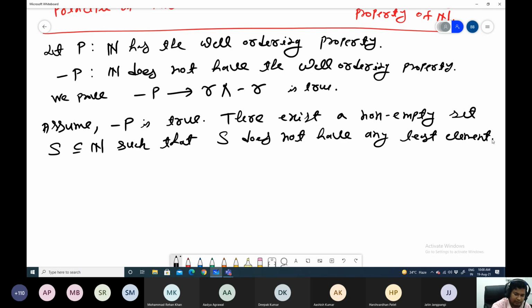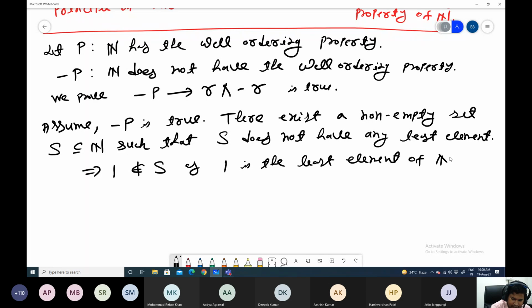Now what does it mean? That implies 1 does not belong to S. Why? As 1 is the least element of N. Because if 1 belongs to S, then 1 should be the least element of S. But here we are assuming that S does not have any least element. So therefore 1 does not belong to S. Fine.